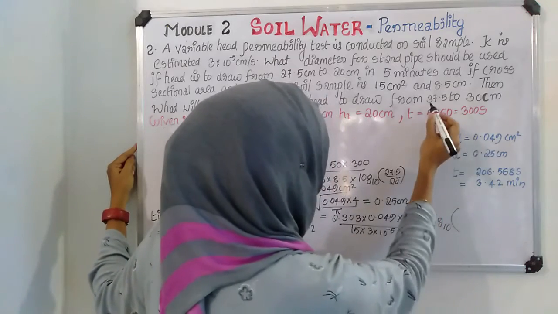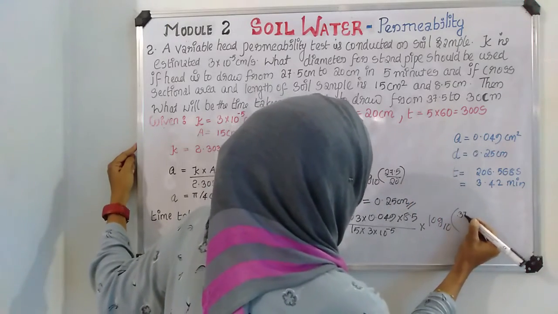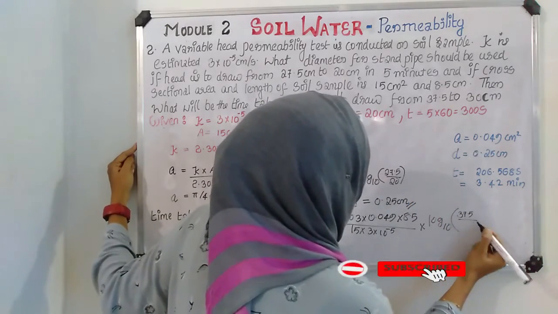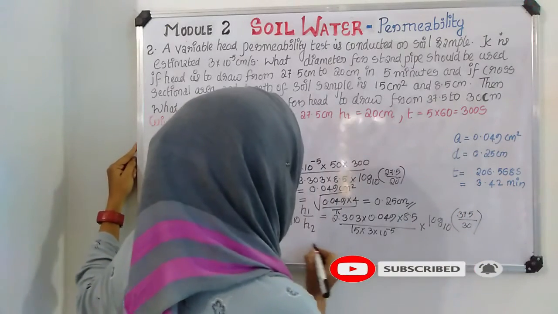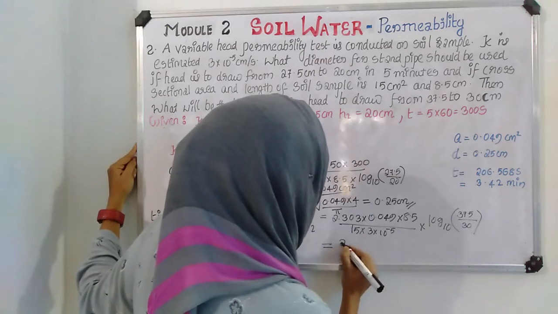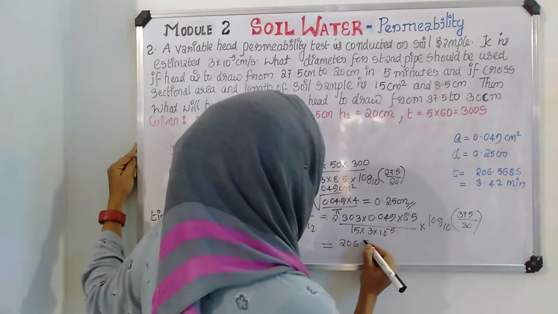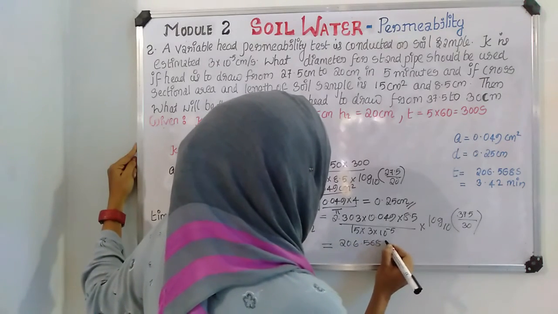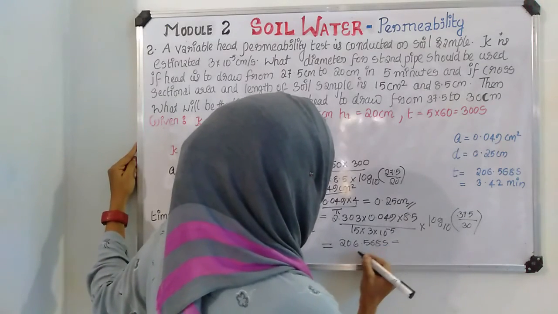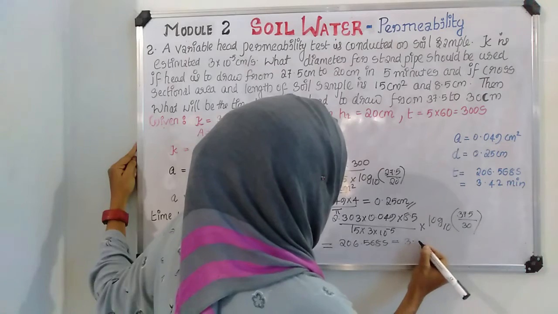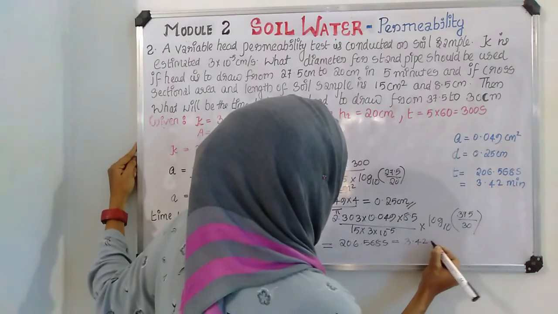Here H1 is given as 37.5 and H2 is given as 30 centimeter. Then we are obtaining a value of 206.568 seconds. We can convert it into minutes by dividing by 60, that is equal to 3.42 minutes.